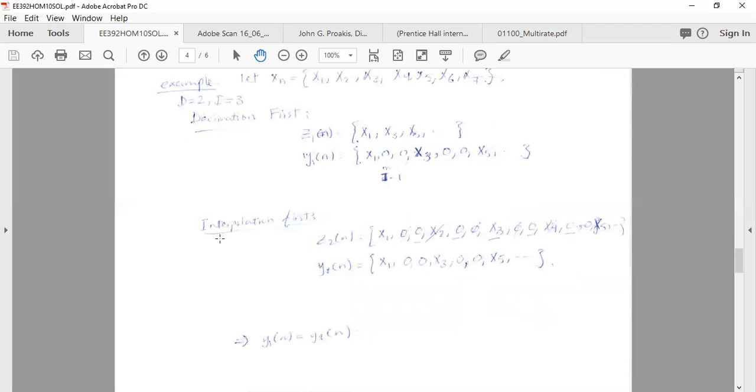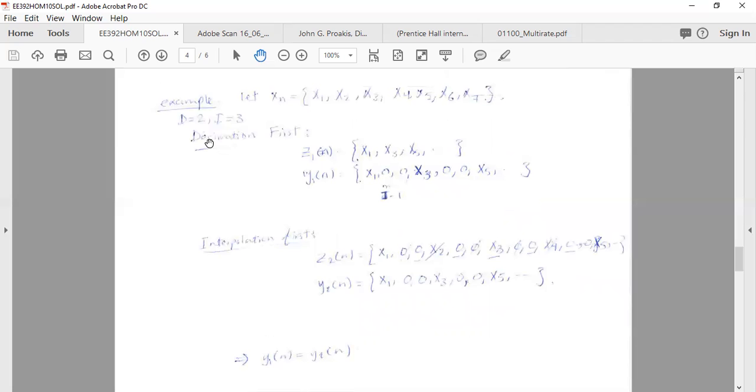If we were to do interpolation first, we have this particular sequence and after each element we add zeros. So we have x1 and then 2 zeros, x2, then 2 zeros again, x3, 2 zeros, and so forth. And then we decimate the signal.